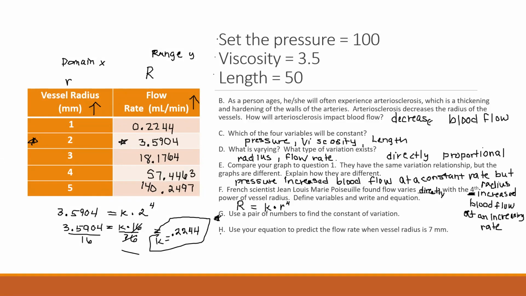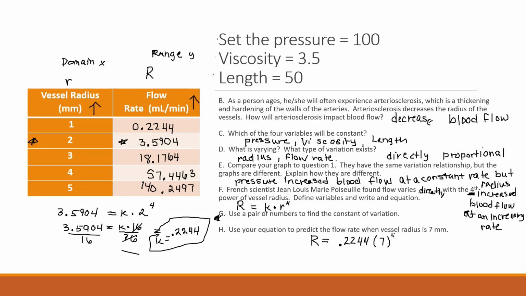That was letter G. So letter H, use your equation to predict the flow rate when the vessel radius is 7. So I'm going to use my equation, uppercase R equals, instead of K, I'm putting in the constant 0.2244. Instead of R, I'm putting in 7.